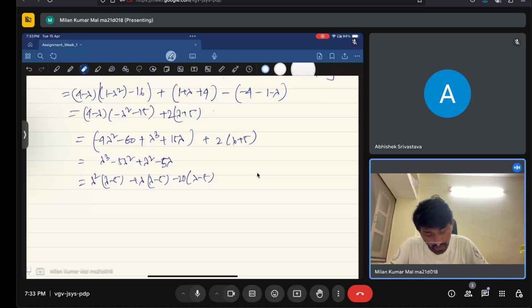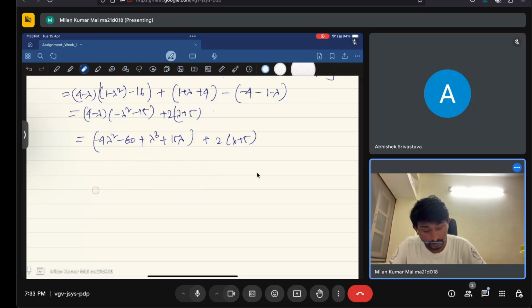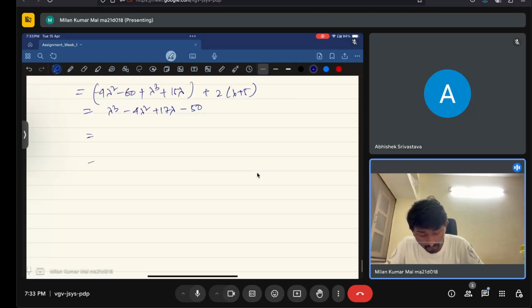Okay, why I'm doing it this way: we have this one, so let's completely break it. This will be lambda cubed minus 4 lambda squared plus 17 lambda minus 50. Okay, so I am writing lambda minus 5, lambda minus 5, or lambda minus 2. 2 will also be a solution.